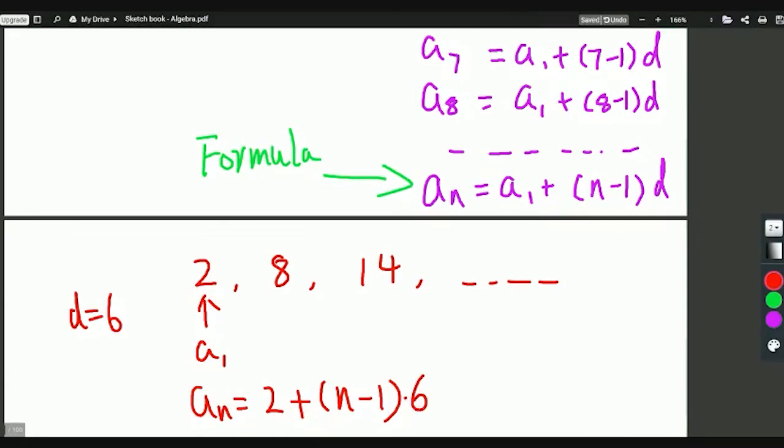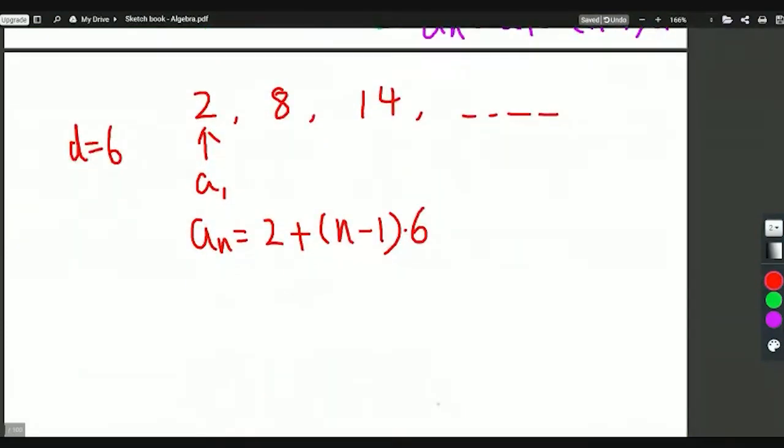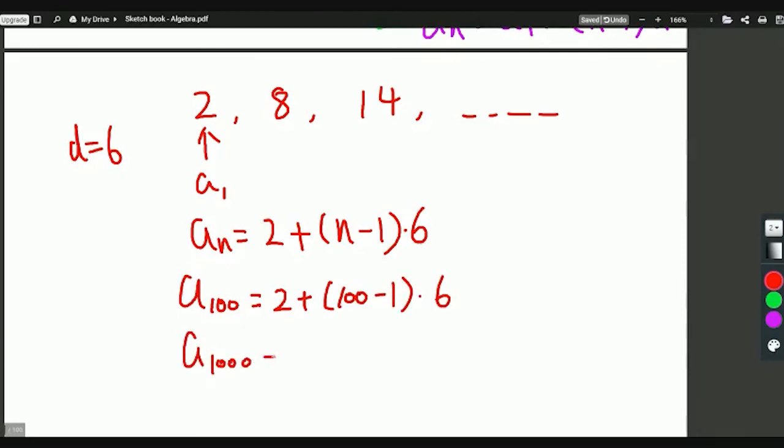You will be able to instantly calculate a hundredth term. So n is 100. The hundredth term is going to be 2 plus 100 subtract 1 times 6. And a thousandth term is going to be 2 plus 1,000 subtract 1 times 6.